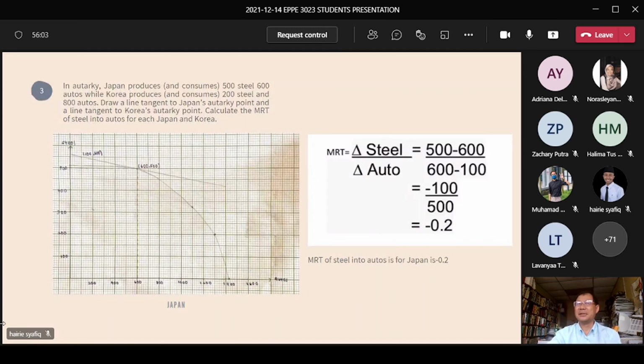To produce baju. In this case, we were talking about production. In other words, in order for you to add one more x, you have to reduce 0.2 y. You understand now? You got it? That's why you have to put negative 0.2 y. All right, done. So next.